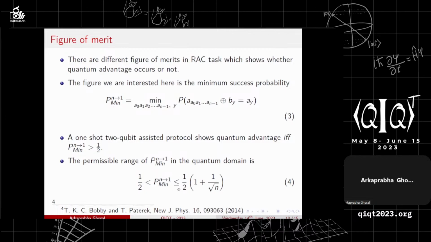The upper bound is achievable if they share a maximally entangled state, and if they share some non-maximally or any noisy entangled state, then this value will decrease and we will gain quantum advantage as long as this value is greater than half. And if it is equal to or less than half, then we can gain the same advantage by some classical shared randomness.